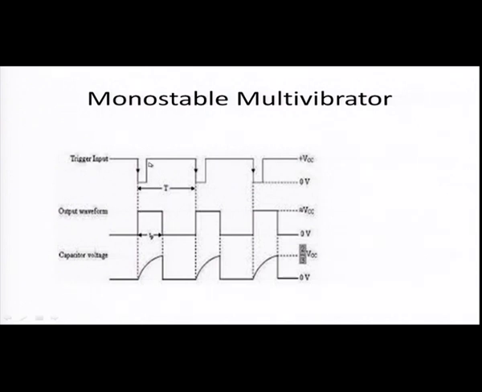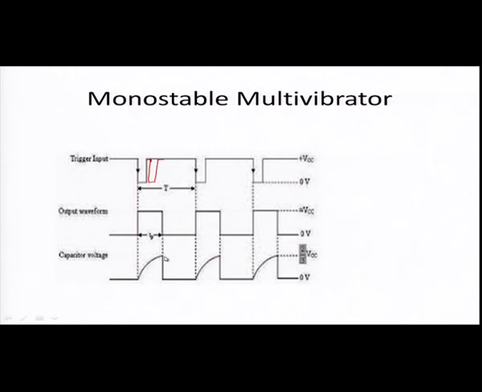So, you have to look at whether any negative trigger is present here. For example, if there is a series of negative triggers like this, if you have another negative trigger pulse present, then that negative trigger won't affect the output voltage, because once the monostable multivibrator is triggered, the capacitor starts charging towards 2/3 VCC.